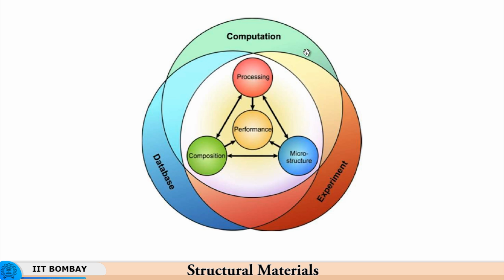Then you have the computational aspect, so that you do computations to predict what will happen to a material of a certain chemical composition when it is processed, and how a material processed in a particular way will perform in service. So basically these are the three aspects.